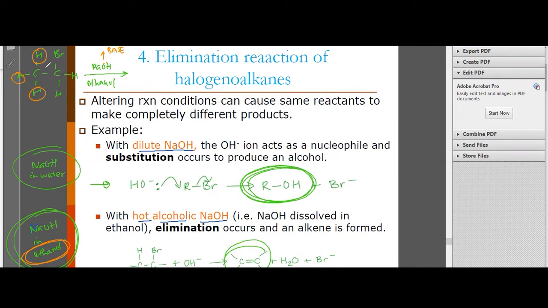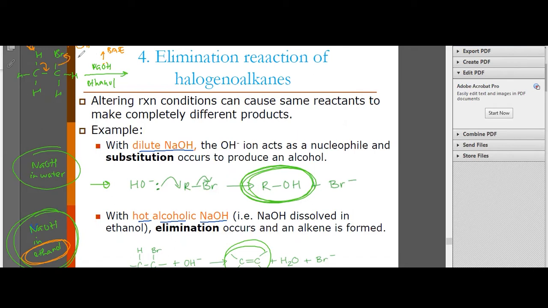Once again, hydrogen at C adjacent to CBr. So OH minus will attack this H, this will break the bond, and then Br will be released.